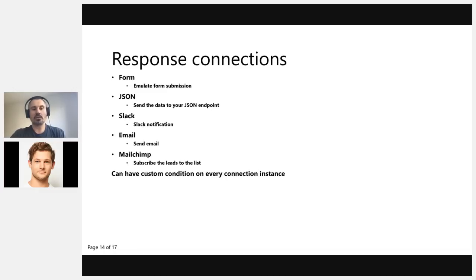You can connect to MailChimp. Basically, that is similar to the form submission, but with pre-created fields. So you can set your data from your form to the MailChimp, and it will send the data there.